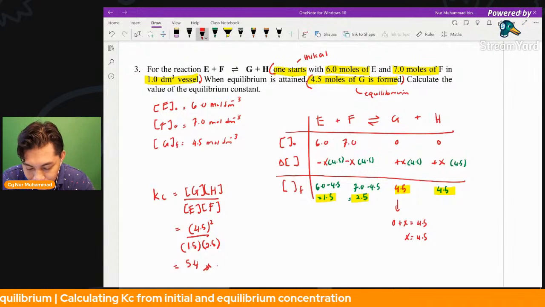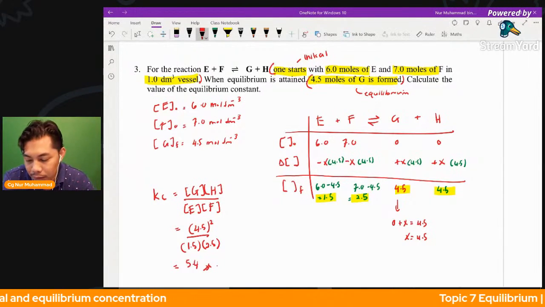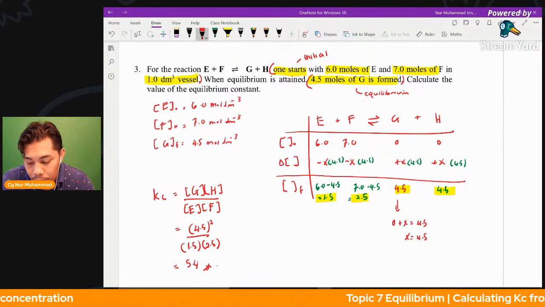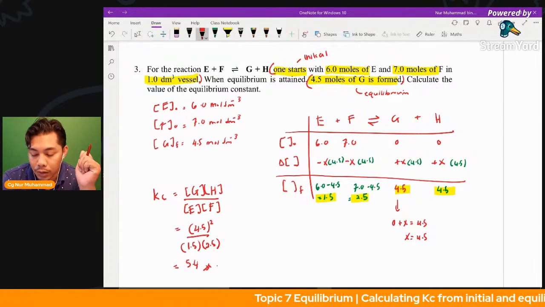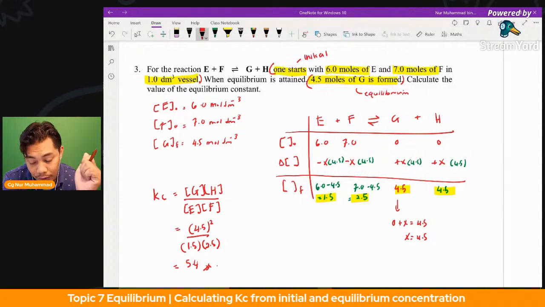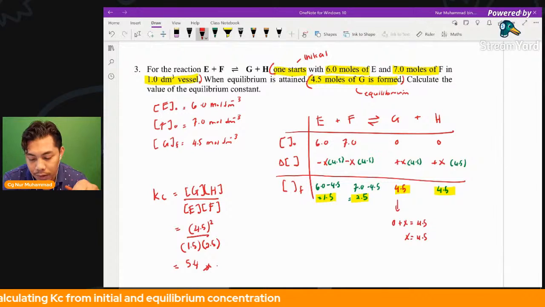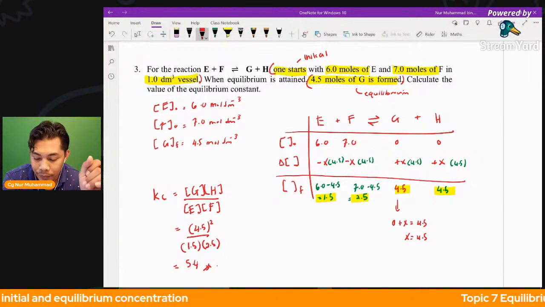Okay, so that's all for today. This is how we calculate the value of Kc: first from known equilibrium concentration, and second from the initial and equilibrium concentration.